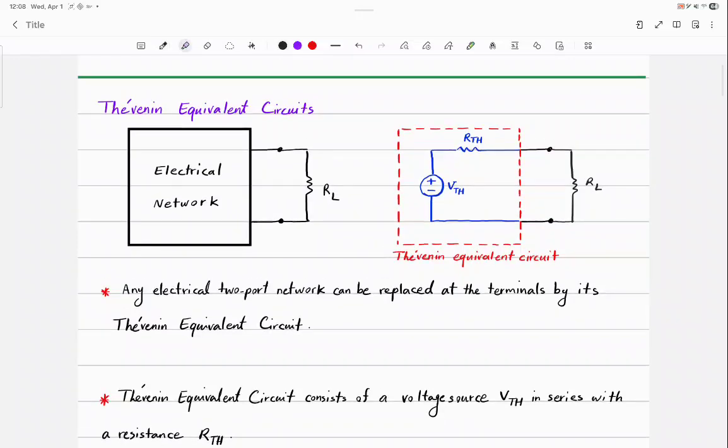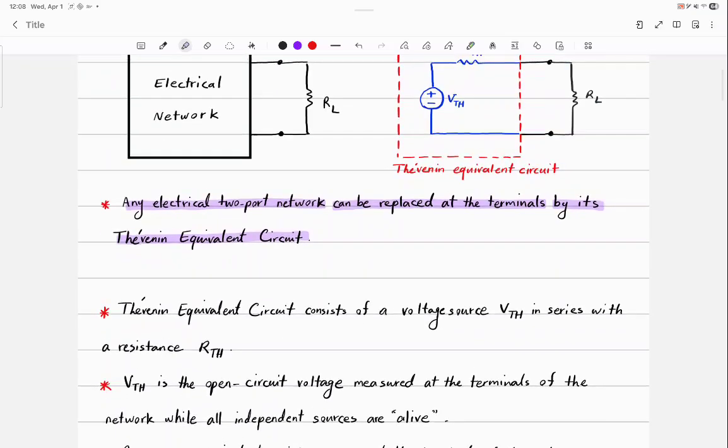Now, any electrical two-port network, two-port for obvious reasons, can be replaced at the terminals by its equivalent Thévenin circuit. I want you to remember this because it could be a conceptual question on the exam.